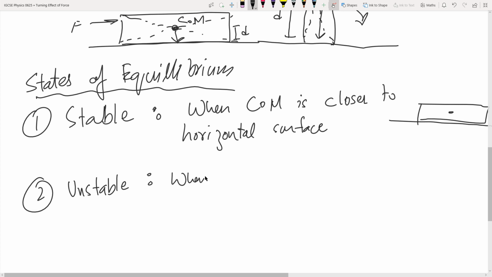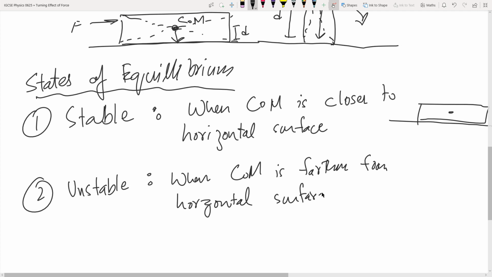When the center of mass is farther from the horizontal surface, which is again the case of a standing book, it is going to fall easily on the application of force. If the force is applied, it will topple. In the other case, if I apply force, it would just move in a linear fashion. This one is having rotation, right?